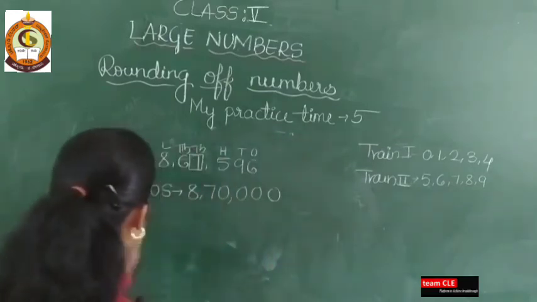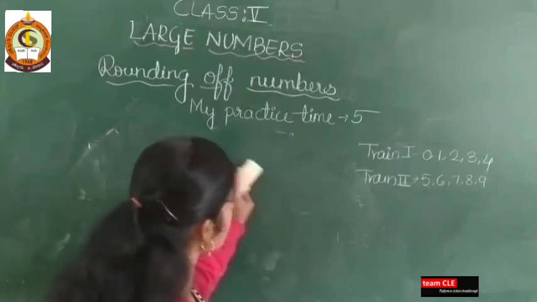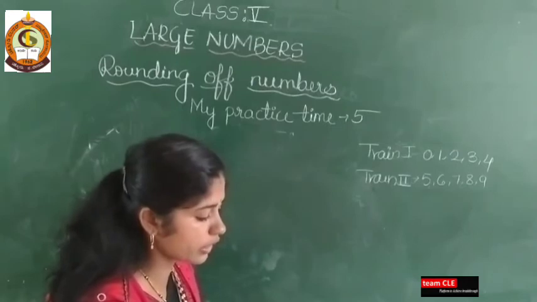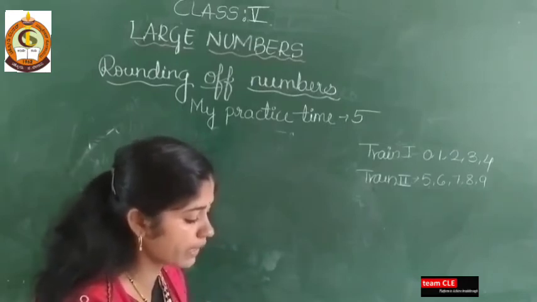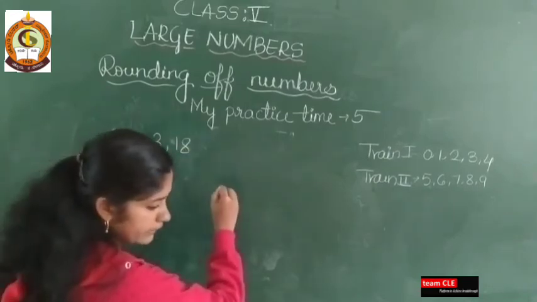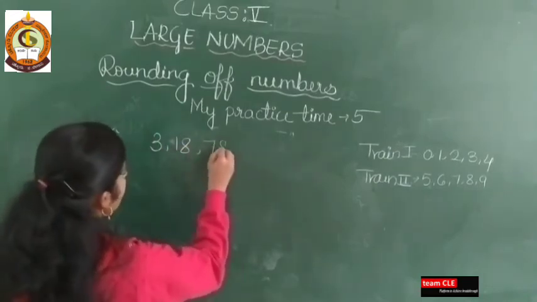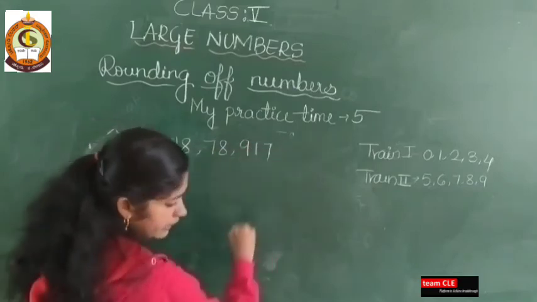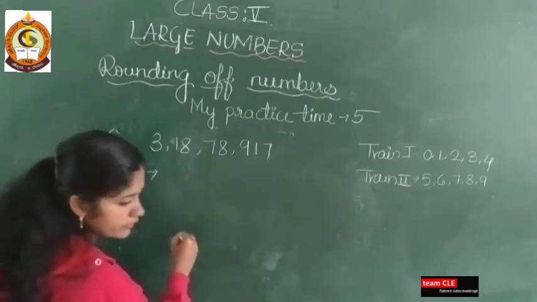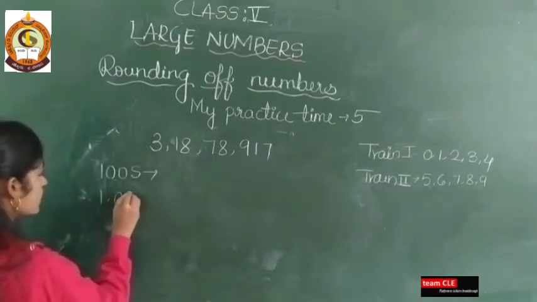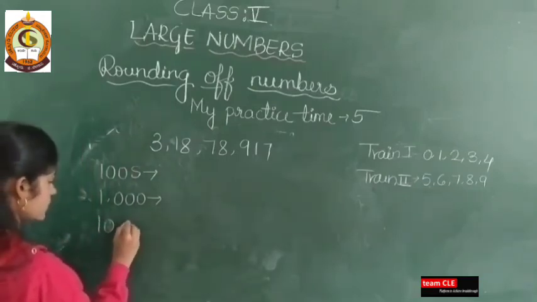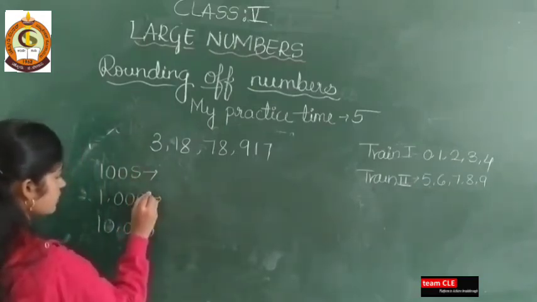Before this I have solved the third one. You have to round off to the nearest hundreds, nearest 1000s, nearest 10,000s.